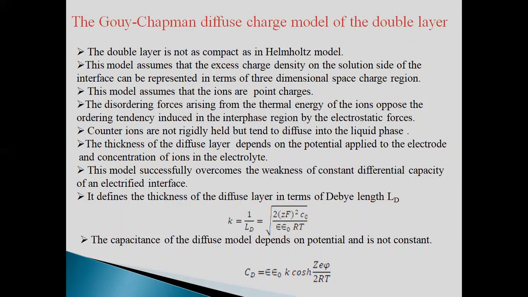Counter ions are not rigidly held, but they tend to diffuse into the bulk phase or the liquid phase. It assumes that the ions are point charges. Due to thermal motion of the ions, the ordering tendency induced in the interface region is perturbed. It successfully overcomes the weakness of the constant differential capacity of the electrified interface.